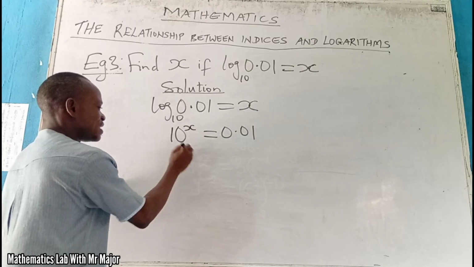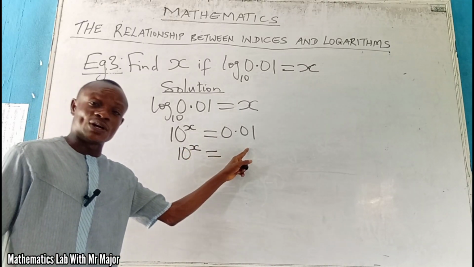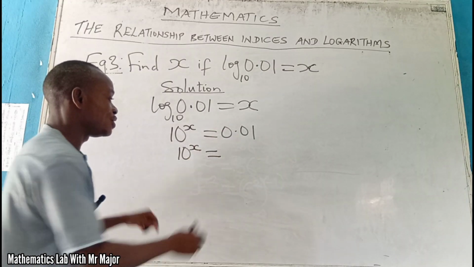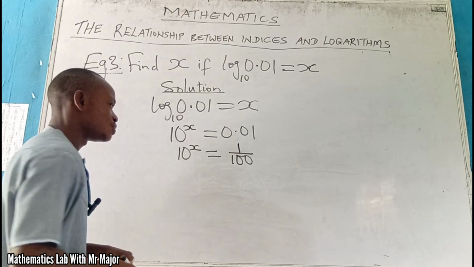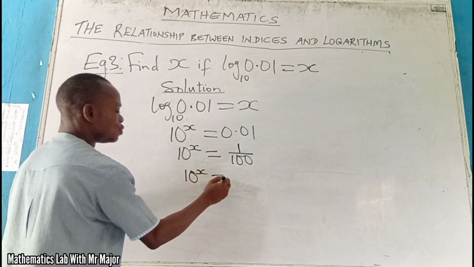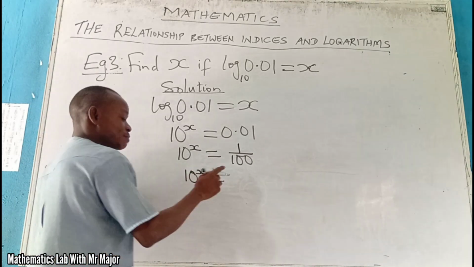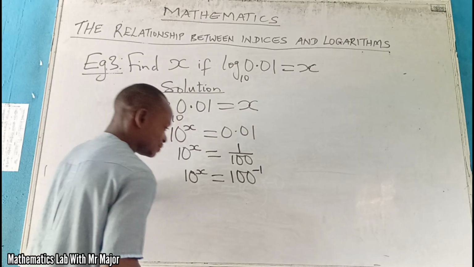Let's change 0.01 to a fraction. That will give you 1/100. So we now have 10 raised to power x equal to, let's write this with negative power. So that becomes 100 raised to power minus 1.